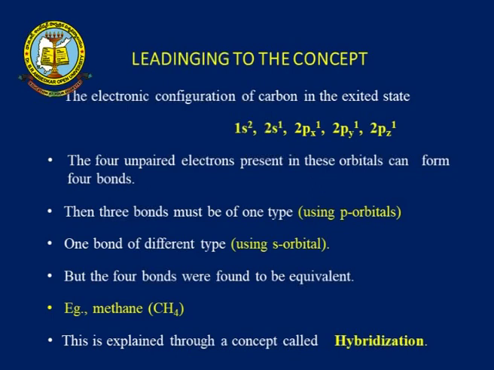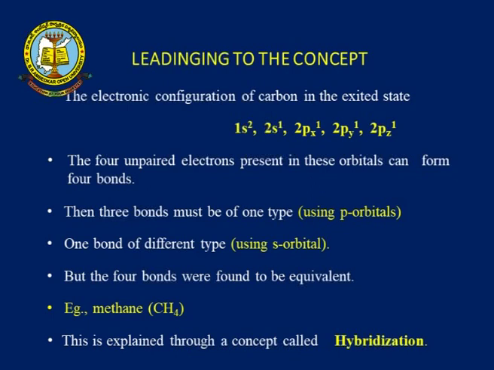But another problem has arisen here. What is that problem? Here one orbital is of S type and the 3 others are of P type. Therefore, we can assume that among the 4 bonds of carbon, one bond should be of S type and the 3 bonds must be of P type.